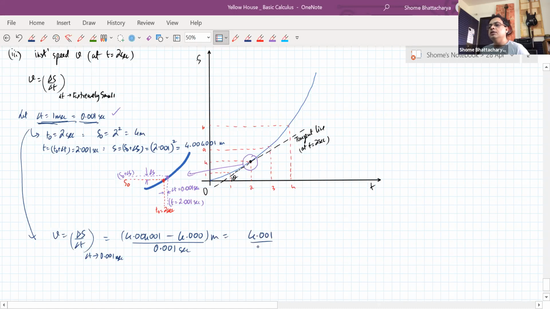Oh sorry, it's 0.004 divided by 0.001, so then it will become 4.